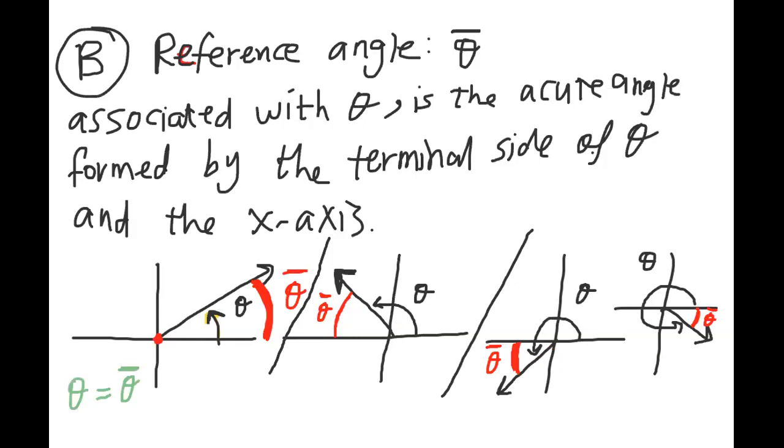Now, for the second quadrant, theta reference, or theta bar, is equal to 180 minus the original theta, or in radians, pi minus theta.